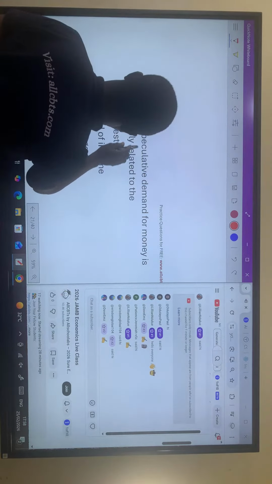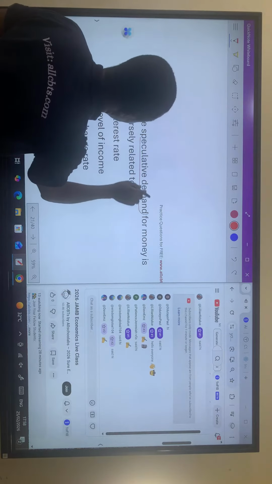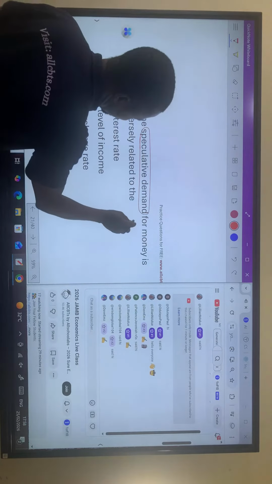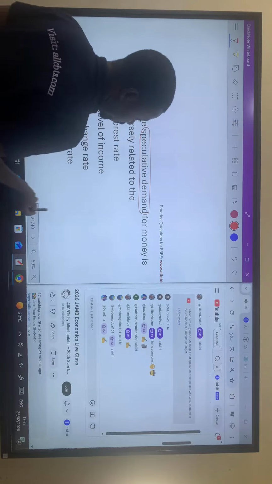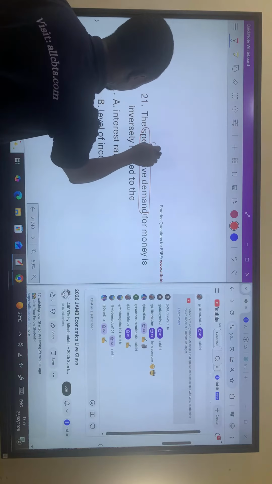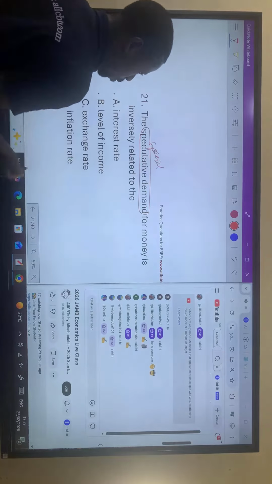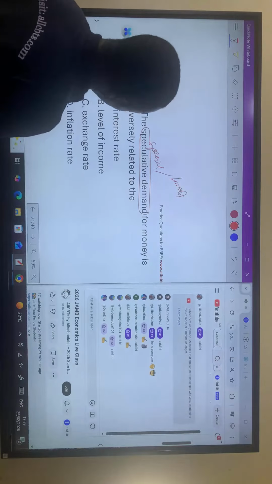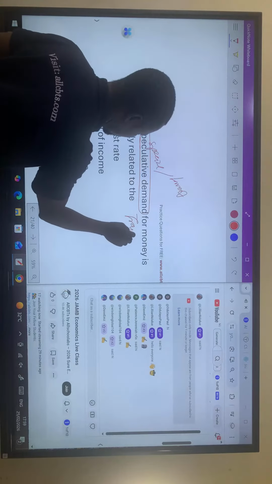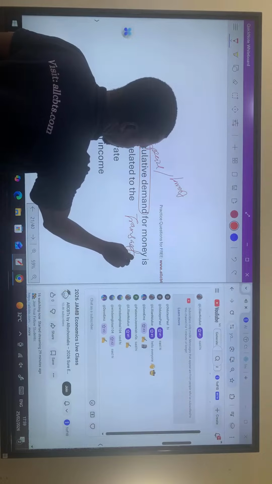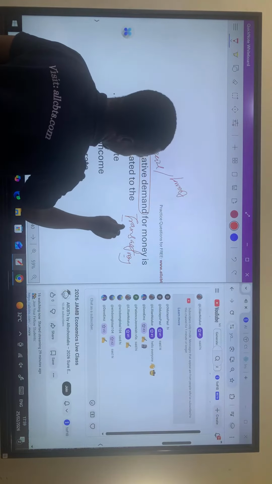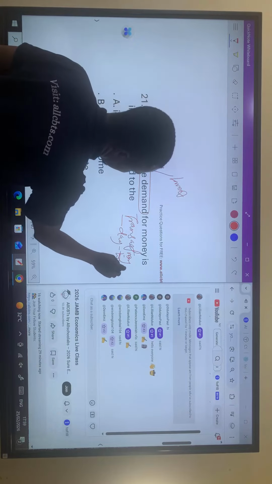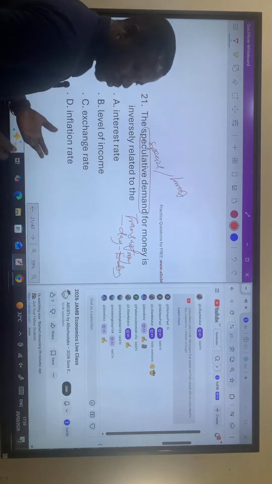Now, there are three major reasons why people demand money. We have the speculative approach, which is for special purposes like investment. Then we have the transactional approach or demand, which is for transactions, what you spend on a daily basis, day-to-day activities, what you use to run your activities.